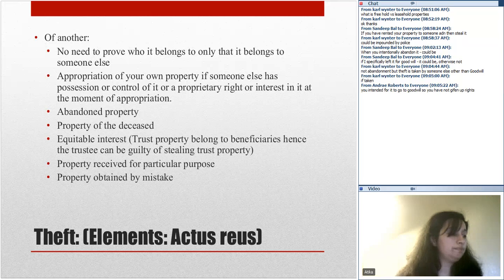In that case there was property no longer wanted by the owner, and it was left outside as refuse for the local authority to collect. It is not abandoned and does belong to another. Okay. The Divisional Court held that as refuse is left outside for the specific purpose to be collected, it remains the property of the householder until it has been taken away.